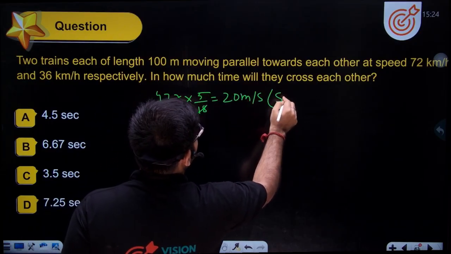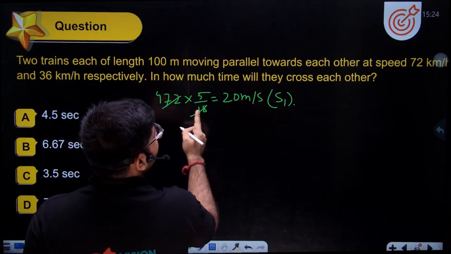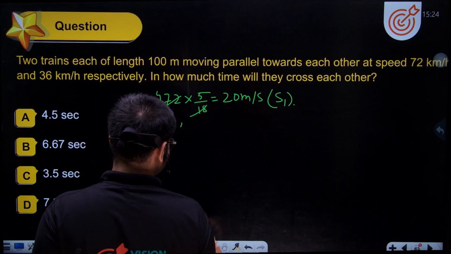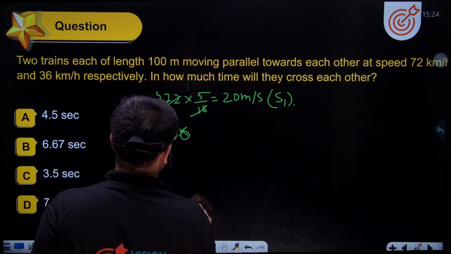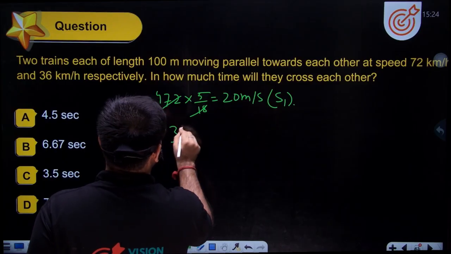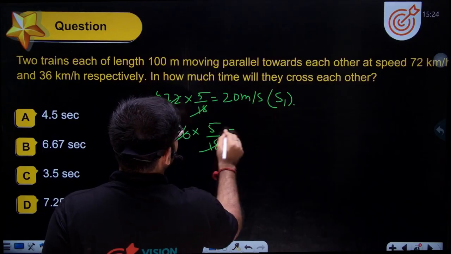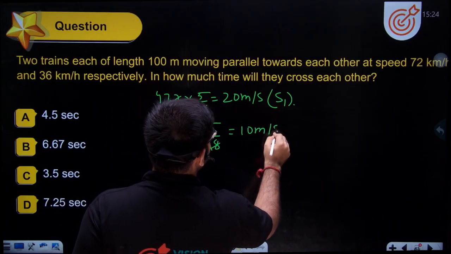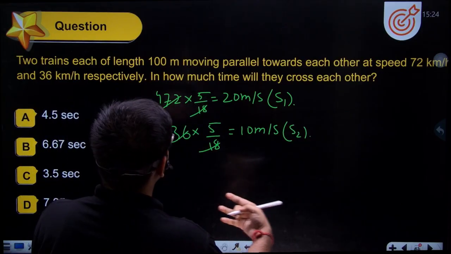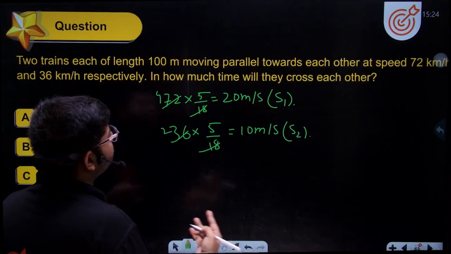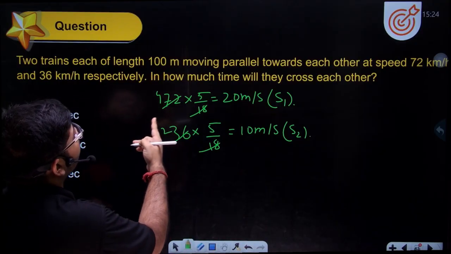This is speed 1, and speed 2 is 36 into 5 by 18. So you will get 10 meter per second. This is my speed 2. Now as they are moving towards each other, the speeds are going to add up, S1 plus S2, and each length is 100 meter.